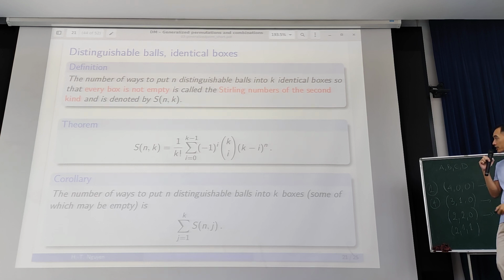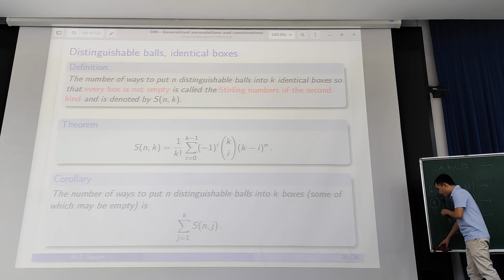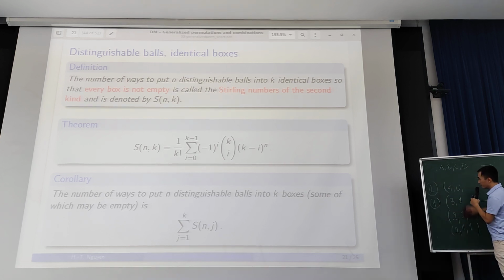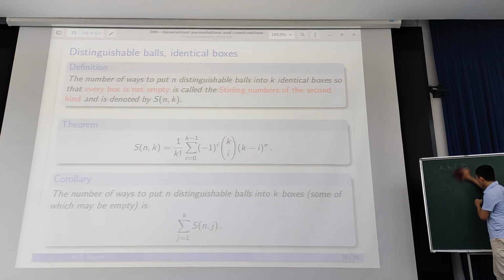So if we want to count the number of ways to put n different balls into k identical boxes, allowing empty boxes, we take the sum of Stirling numbers S(n,j) for j going from 1 to k. Why? I will explain it here.